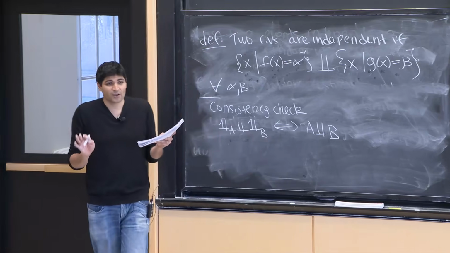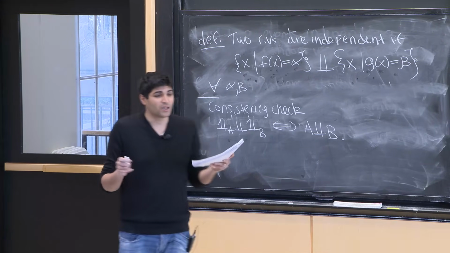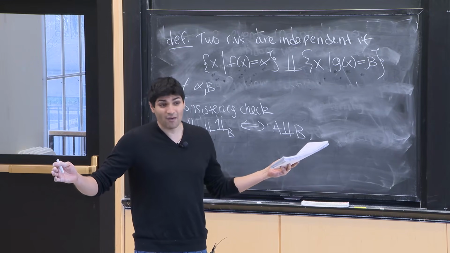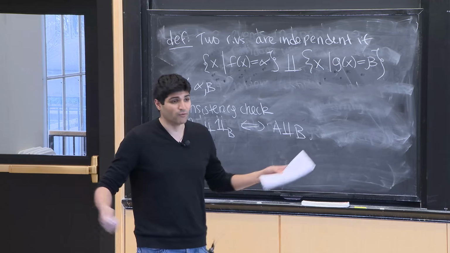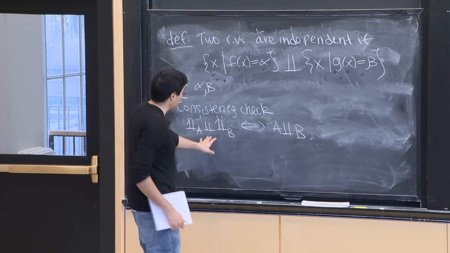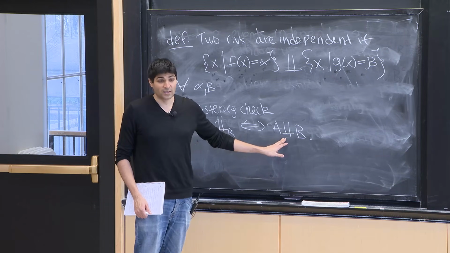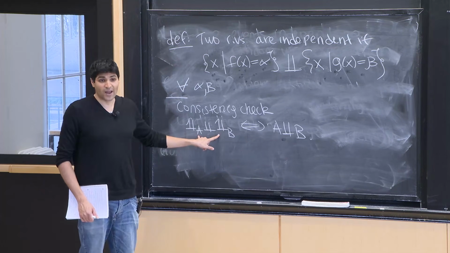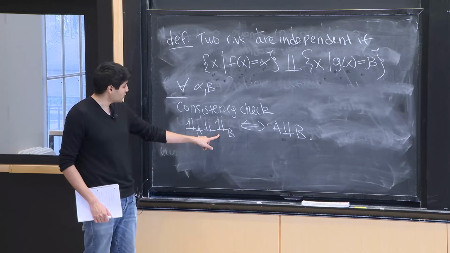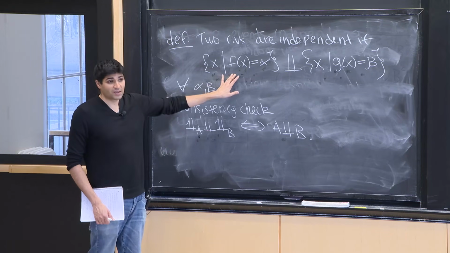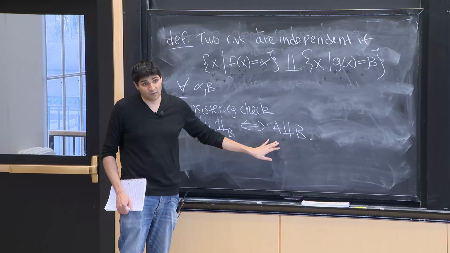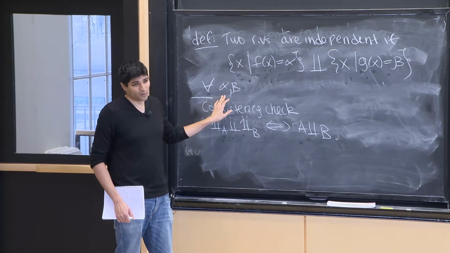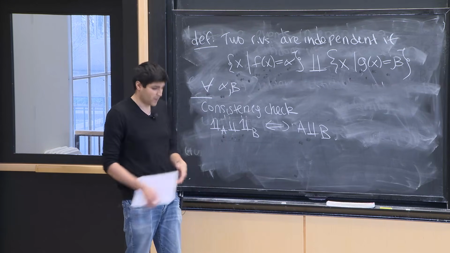This just means that our definition makes sense, because we're thinking of random variables as a generalization of events, where I can have not just 0, 1 values but any real values. My definition had better at least recover what the definition was in the case of events. And that's true. You can check that if you create two random variables based on the indicator functions of two different events, they will meet this condition if and only if the corresponding events meet that condition too. Because you really only have to check alpha and beta being 0 and 1, and you can check that everything works out.